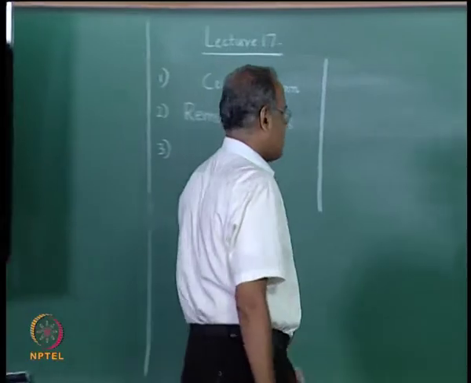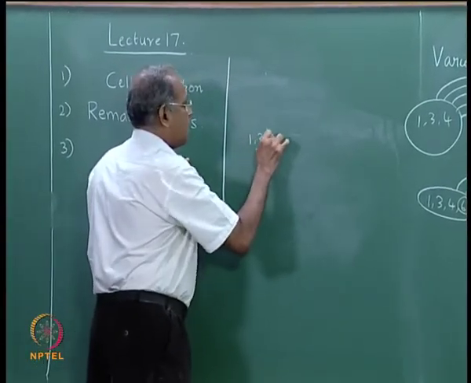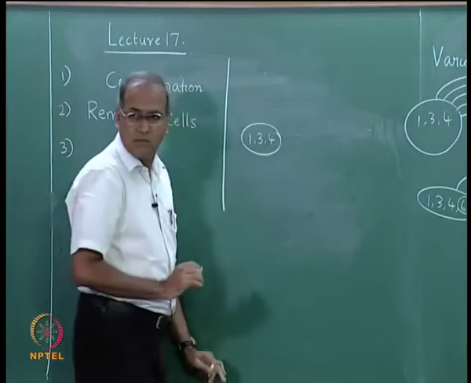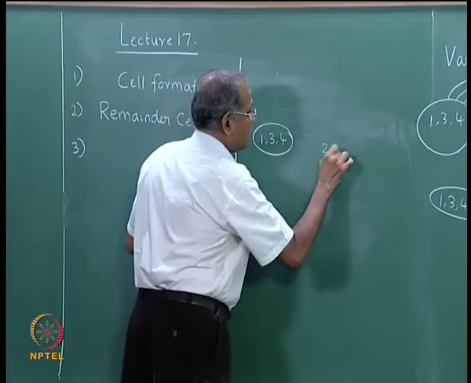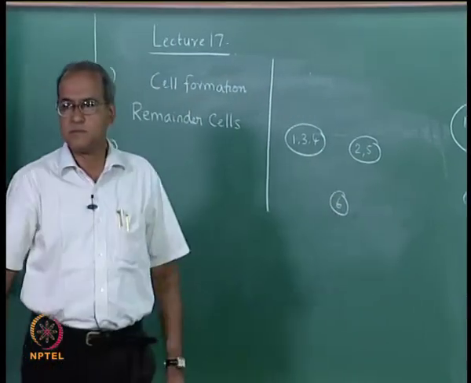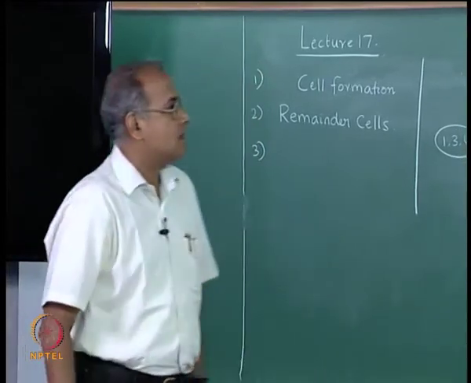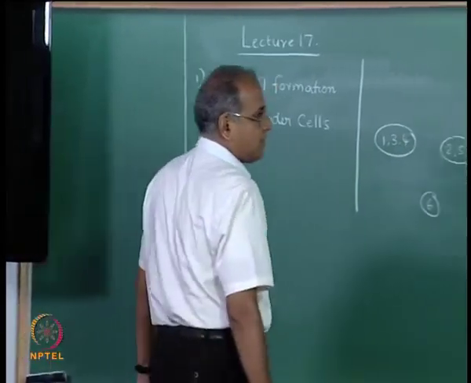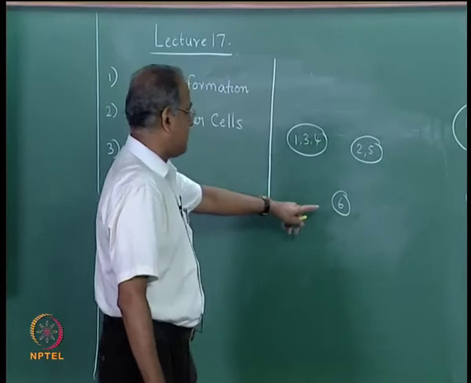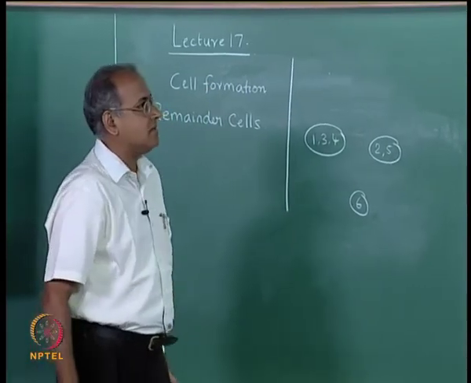Now suppose I say that I have 1, 3 and 4 here, 2 and 5 here and 6 here. Then I am going to have machine number 6 shared.